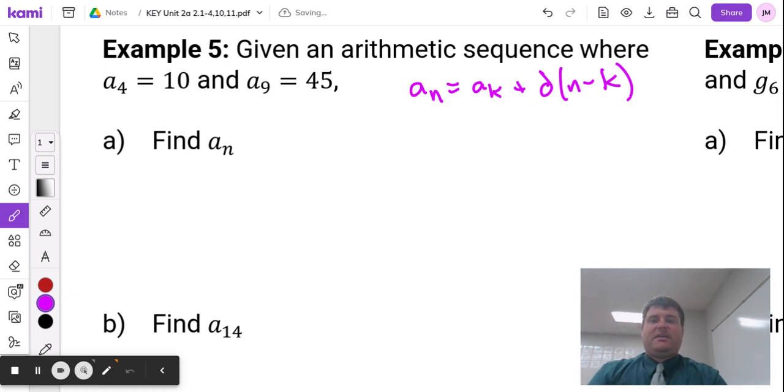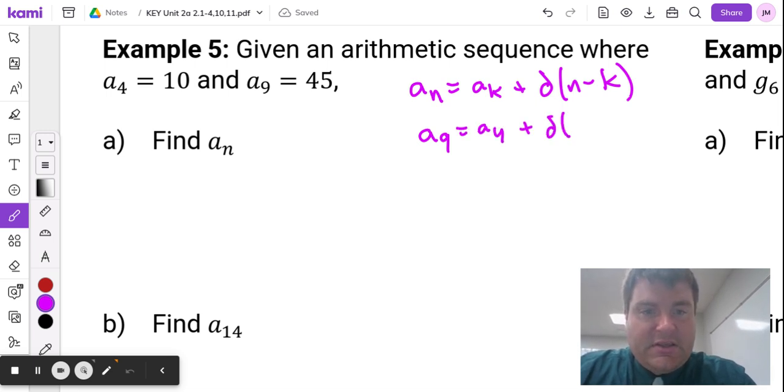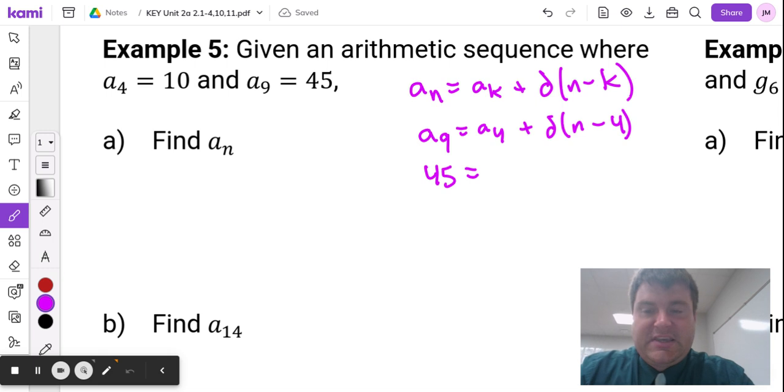Okay, to find a sub n, what I'm going to do here is I'm going to let a sub 9, the larger one, equal a sub 4 plus d times n minus k, where k is 4. I'm going to do this to help me find the d value because I don't have that. So a sub 9, which is 45, equals a sub 4, which is 10, plus d times n minus 4.